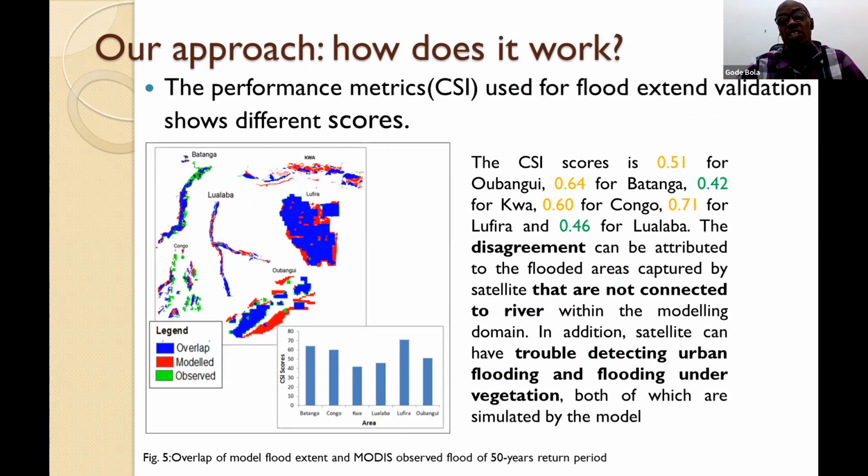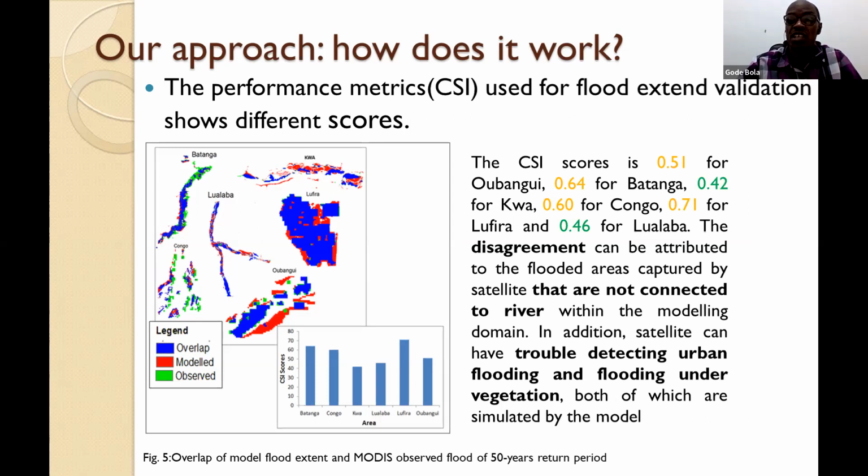And we try to validate that using the score. But from the score, we can see that there was agreement for some areas, but other areas, there was not agreement. But the disagreement for us was attributed to some area which was not captured by the satellite, but that was done within the model system.